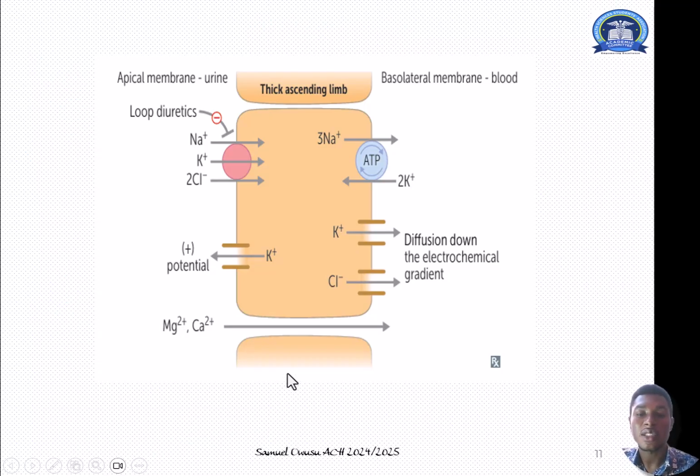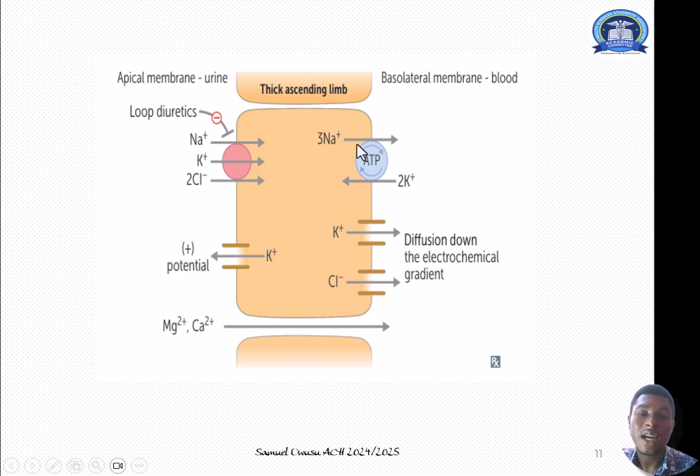Take note of it. Okay, so what I mentioned is that there is the sodium potassium chloride symporter that tends to reabsorb sodium, potassium, and chloride ions. Loop diuretics will go and inhibit this, and when that happens, all the sodium, potassium, and chloride will form part of the urine, and then they are excreted. There are also potassium levels here which are also escaping.